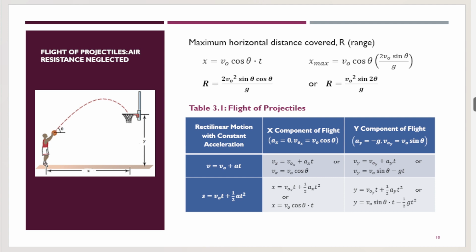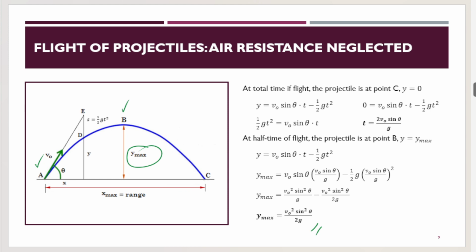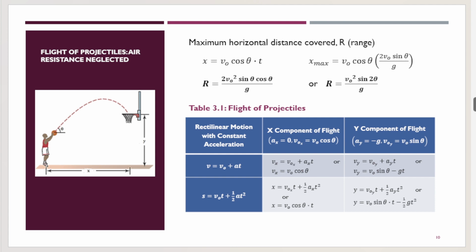So, we have also the maximum, just like I've said, yung ating maximum horizontal distance, ito tawag natin na range. So, that is equal to v sub o squared sin theta cosine theta over g, or simply v sub o squared sin 2 theta over g. Okay? So, yun yung pinagkaiba nila. Yung ating y max is v squared sin squared theta over 2g, but yung ating x max, or the range, is v squared sin 2 theta over g.